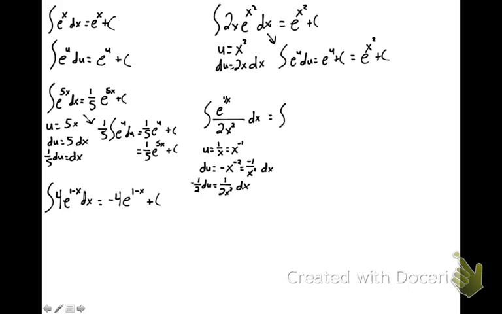This integral will end up being e to the u du times -1/2. Integrating, I'm going to get -1/2 e to the u plus c, but u had the value of 1 over x, so I have -1/2 e to the 1 over x plus c. Right, so I just used some basic algebra to help me out.